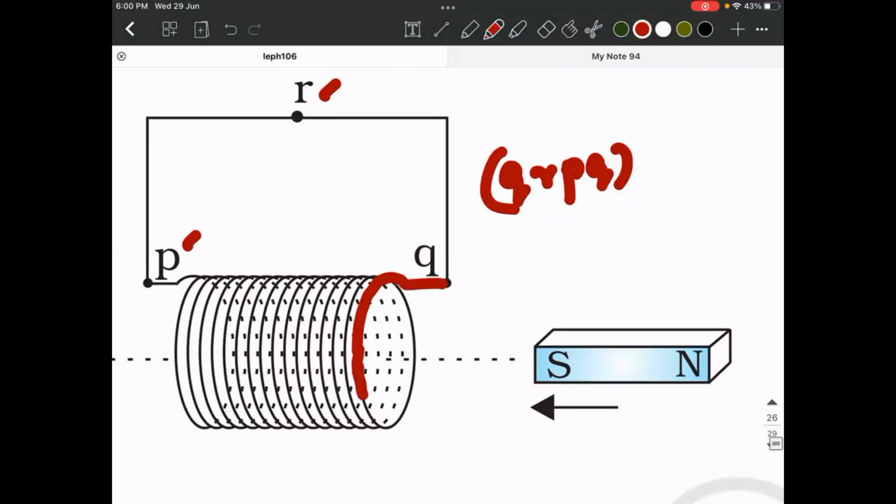That is why it starts with Q, goes to R, P, and then again comes to Q. So if you write QRP, it is wrong. You should always write QRPQ. Only then you are completing the loop. Is that clear? If it had been a north pole, then it would be PRQ.